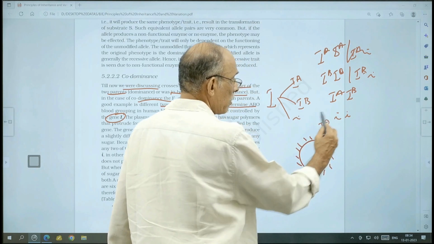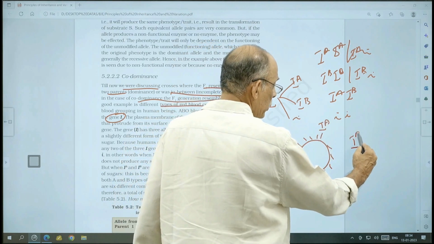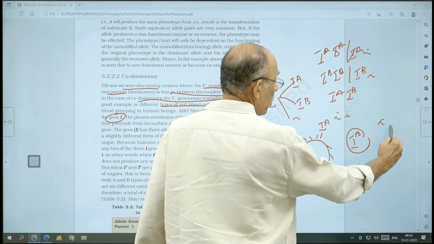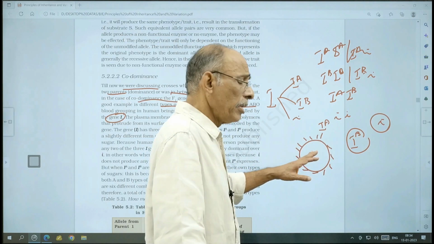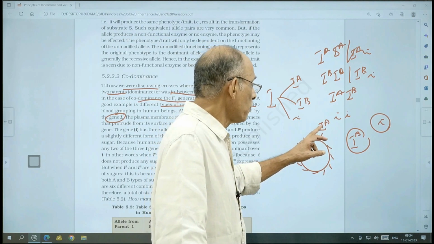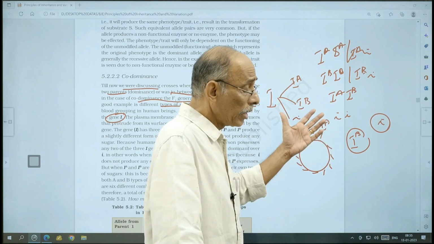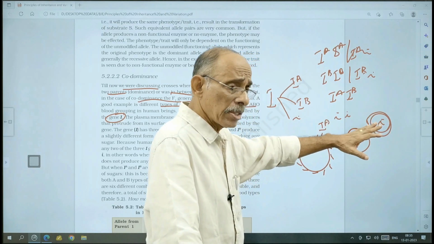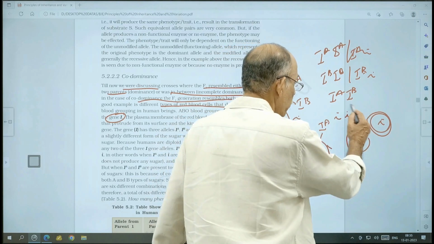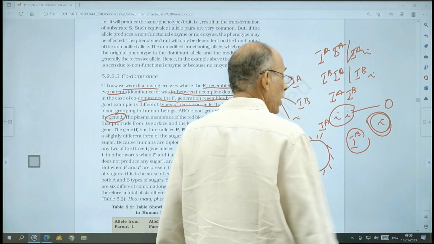IA produces a particular sugar, IB produces another different sugar, and small i produces no sugar at all. Small i is the most recessive. Both IA and IB are equally dominant, and they both are dominant over small i. When small i comes together with small i, we get O group blood.